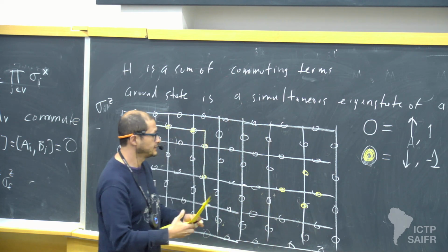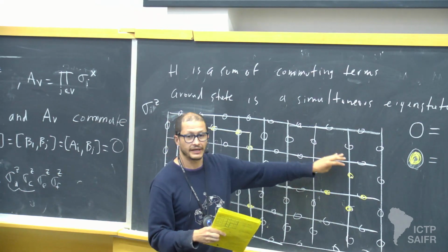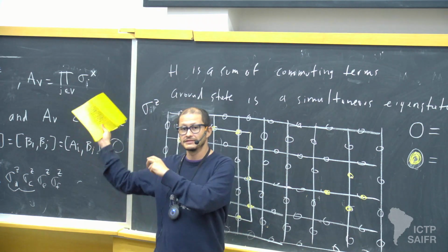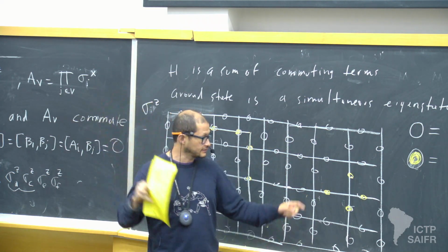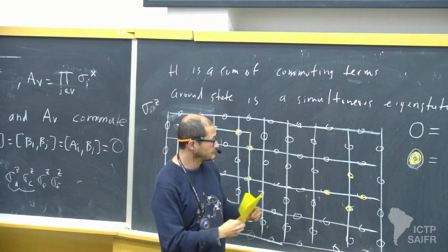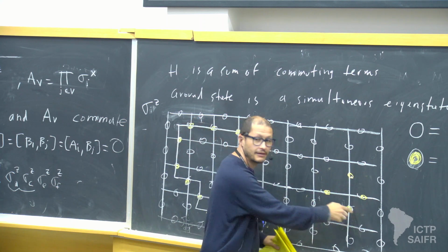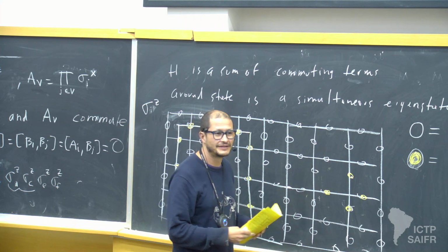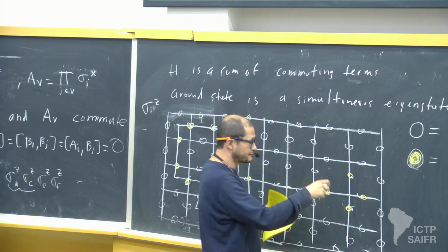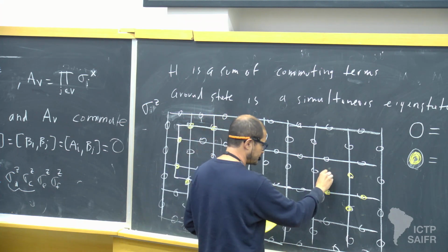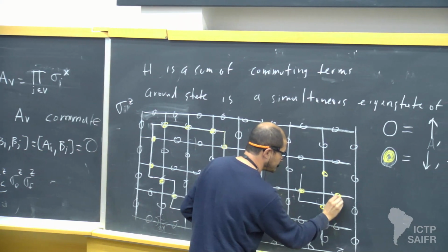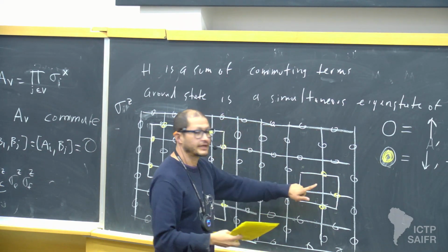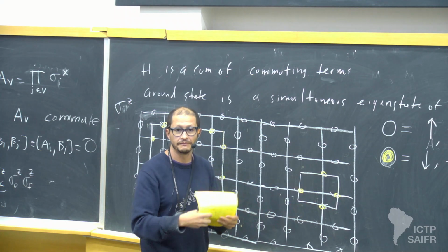So this again is a low energy eigenstate of that whole operator because all the plaquettes are happy. And if you draw the same thing again, these again form a loop.